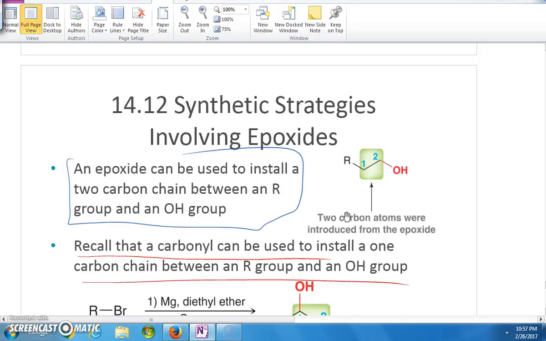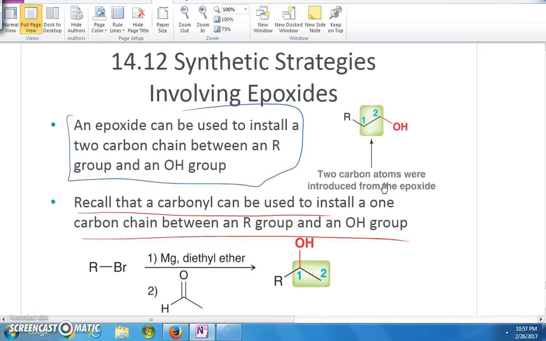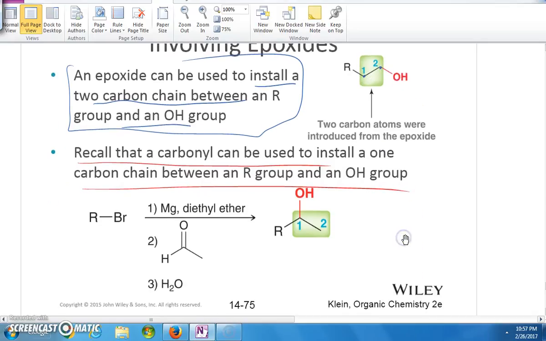An epoxide can be used to install a 2-carbon chain between an R group and an OH group. Recall that a carbonyl can be used to install a carbon chain between an R group and an OH group.